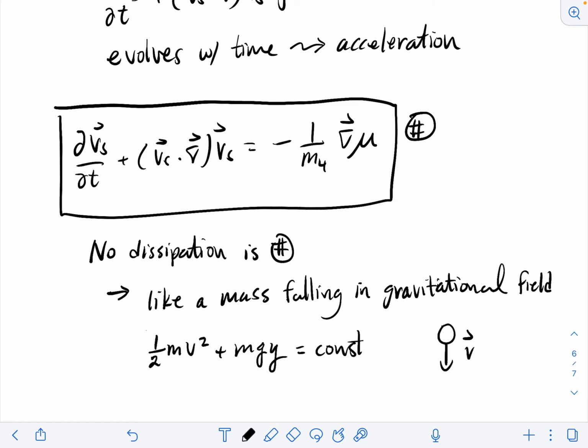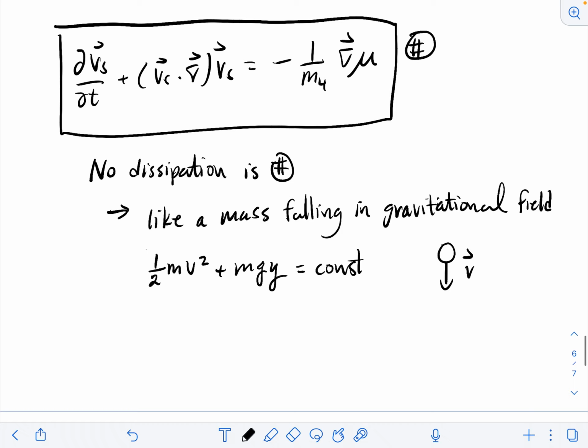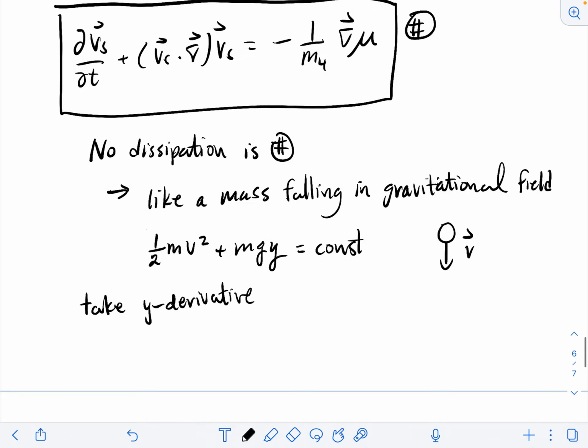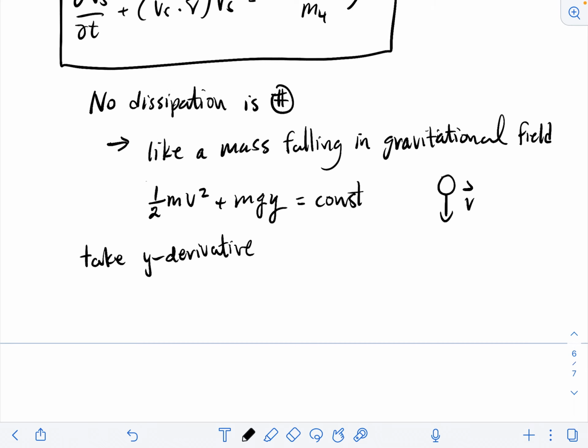And then what we did to get number sign is to take a gradient, a spatial derivative. So now we're going to take a y derivative for, say, a mass falling in the y direction.